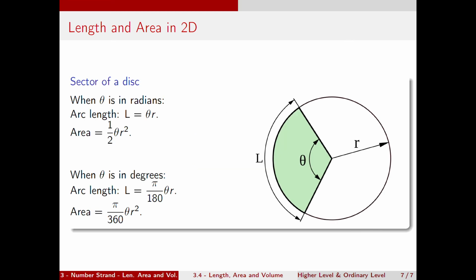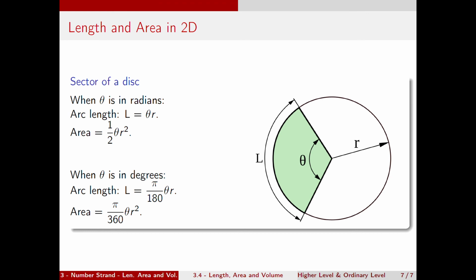And lastly we'll look at the sector of a disk. The sector is the green shaded region in the drawing on the right hand side. In this case, theta, which is the angle within the sector, could be measured in either radians or in degrees. We'll look first at if it is measured in radians.